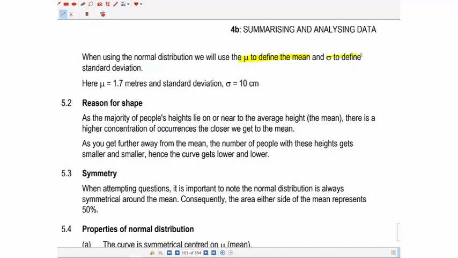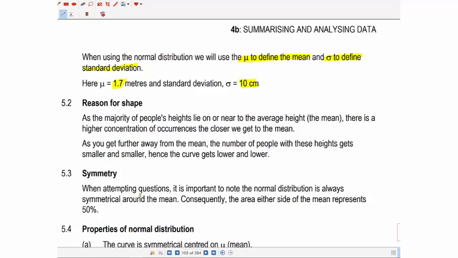We're using sigma to define the standard deviation, and putting that information into the data that we've used so far. The average height of an adult in the UK is 1.7 metres and the standard deviation is 10 centimetres.